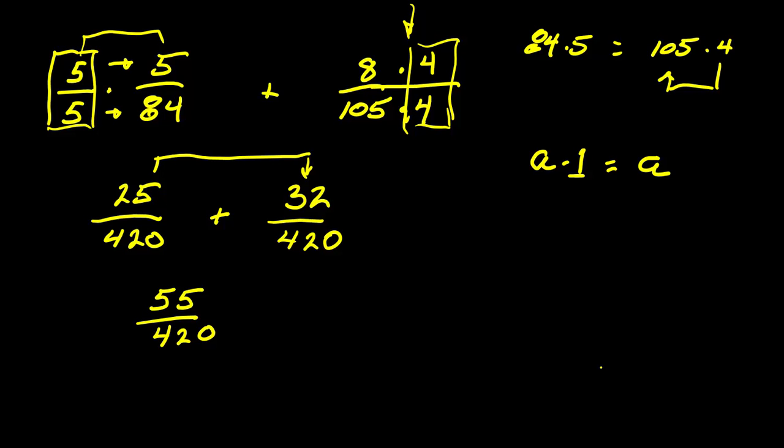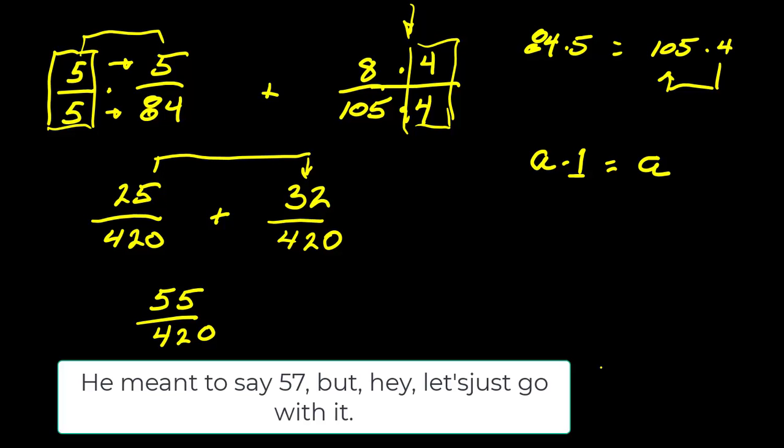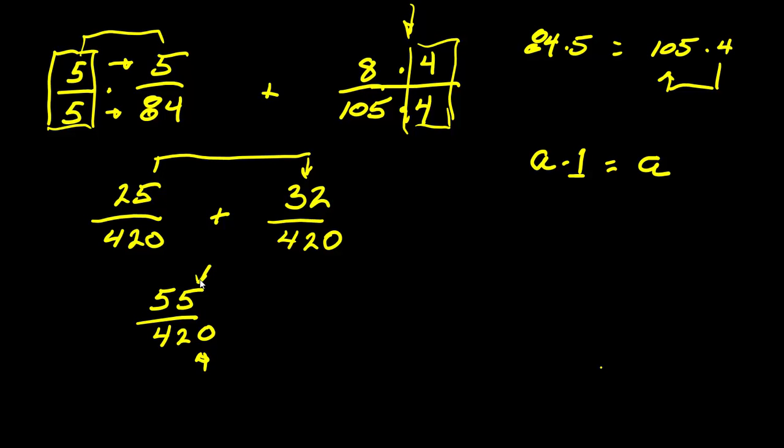So 55 over 420 looks pretty good. But I notice that I have a 5 in the ones place, and I have a 0 in the ones place. That means I can factor this down. I can reduce this fraction.